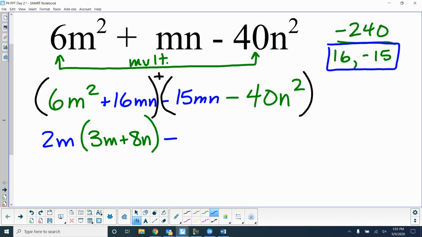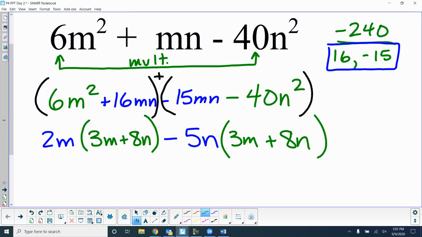And then think about what goes into 15mn and 40n squared, and it would be 5n. And divide. Negative 15mn divided by negative 5n is positive 3m. And negative 40n squared divided by negative 5n is a positive 8n.